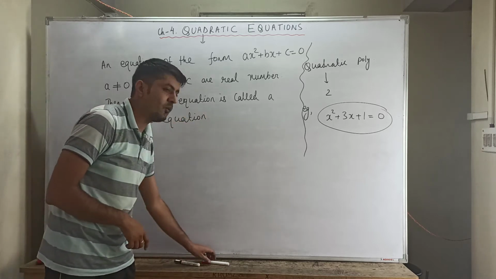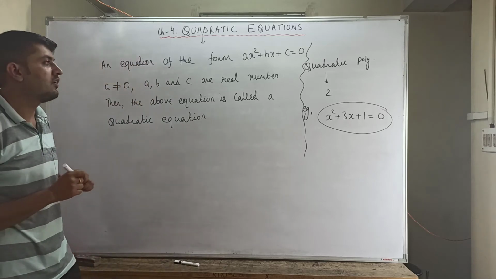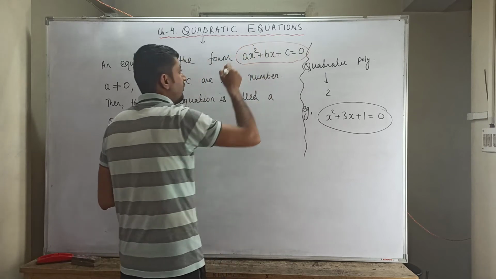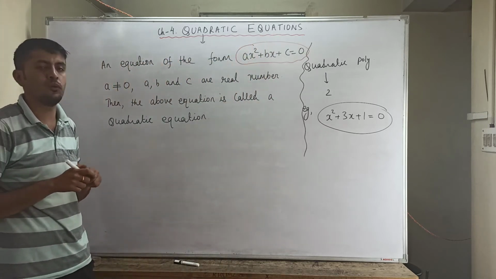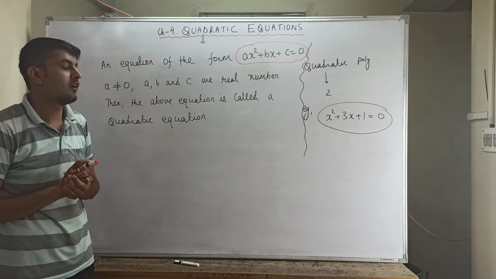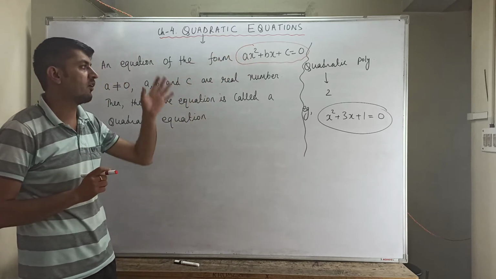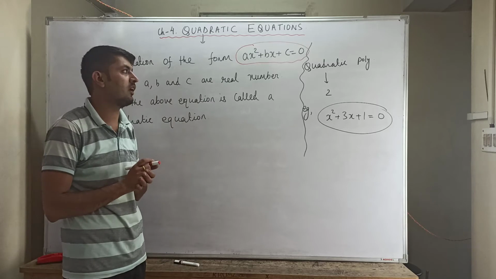Just remember this form. This is the general form of a quadratic equation. Look at the degree; it must be equal to 2. Then only you can say it is a quadratic equation.